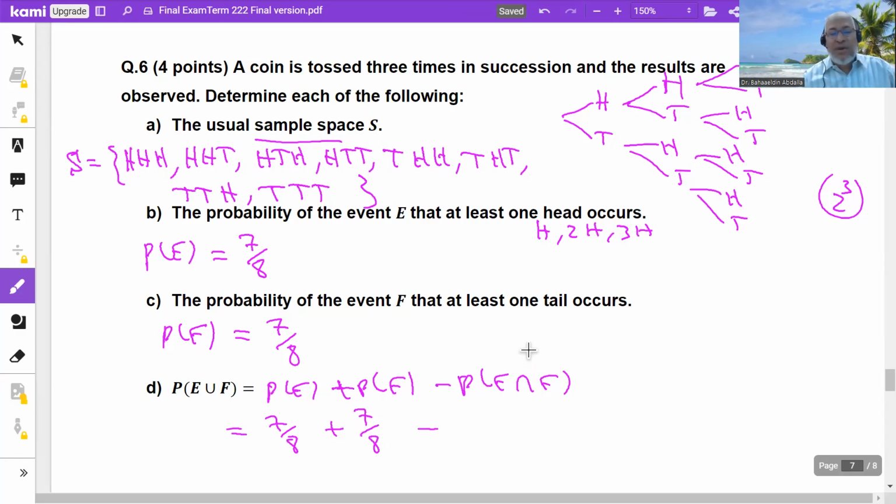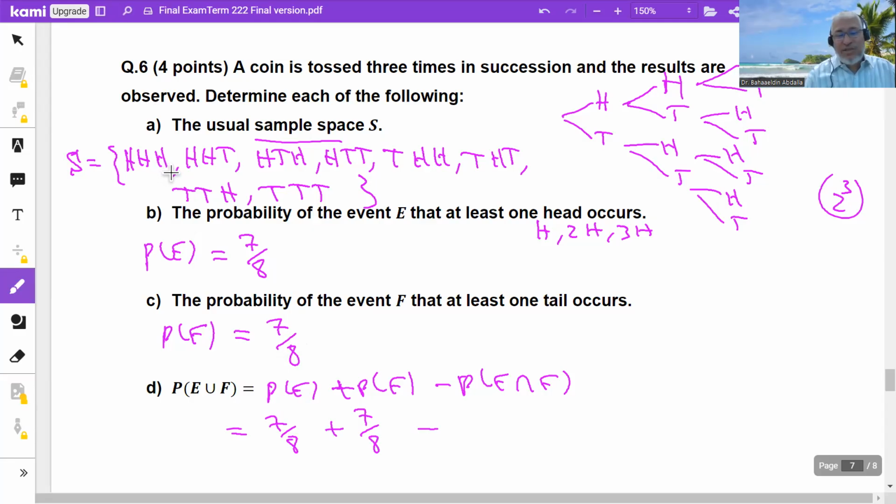Intersection means at least one head and at least one tail. So what would you have in the intersection? You have 7 outcomes here, and you have 7 outcomes here.